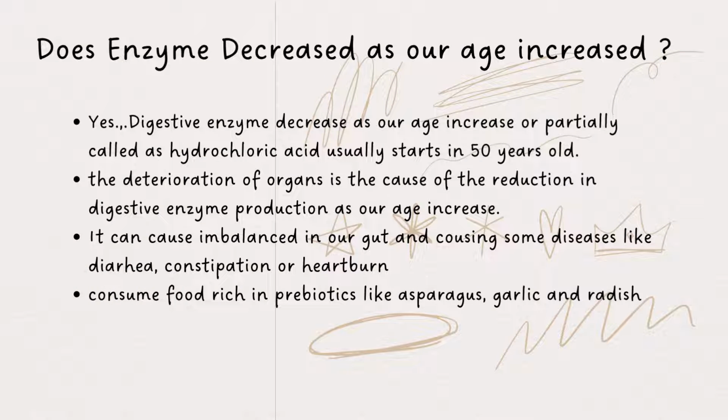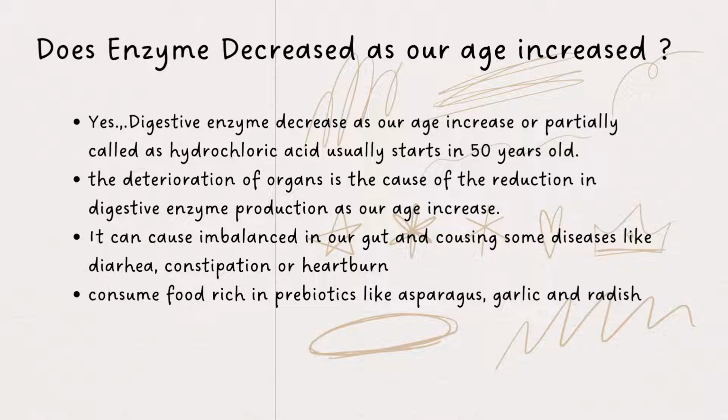Next, let's continue on the question, do enzymes decrease as our age increases? The answer is yes. Digestive enzymes decrease as our age increases, particularly hydrochloric acid, which usually starts at 50 years old. The deterioration of organs is the cause of the reduction in digestive enzyme production as our age increases.